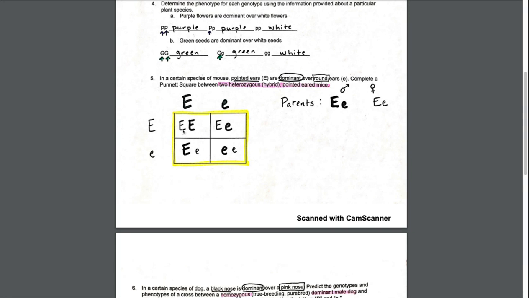From here, we fill in across, lowercase e, and down, capital E, lowercase e, lowercase e. And inside here, highlighted in yellow, these are the predicted or possible genotypes for the babies between these two parents.